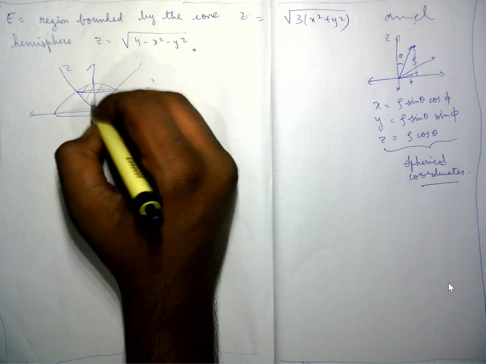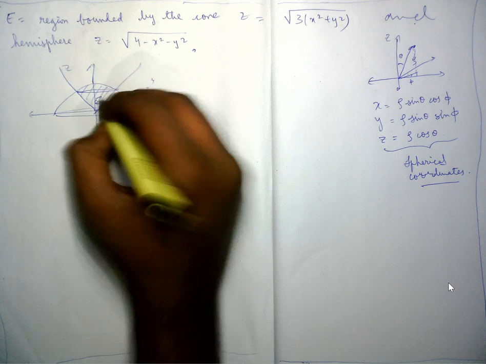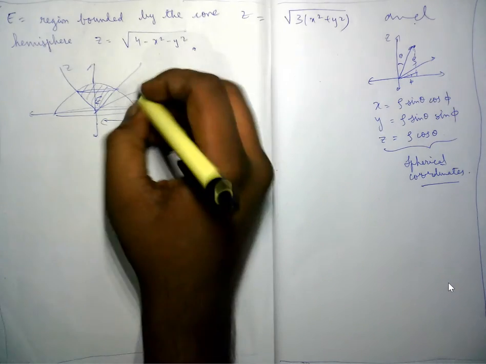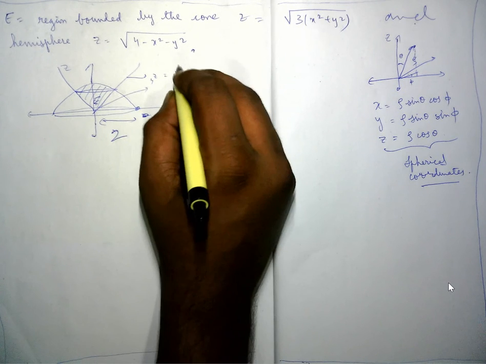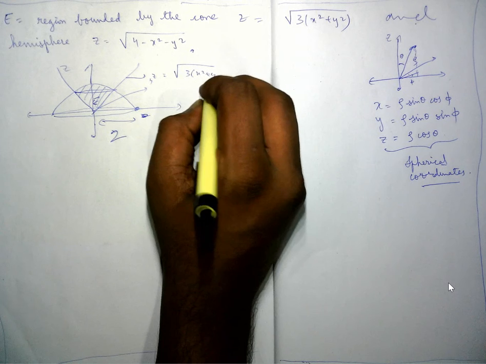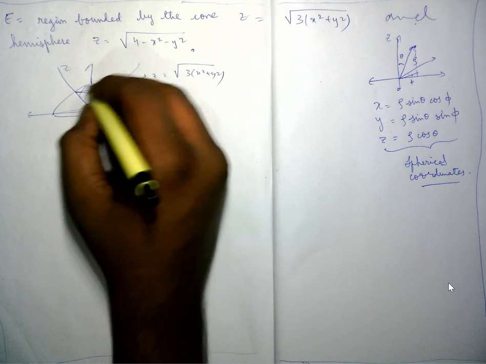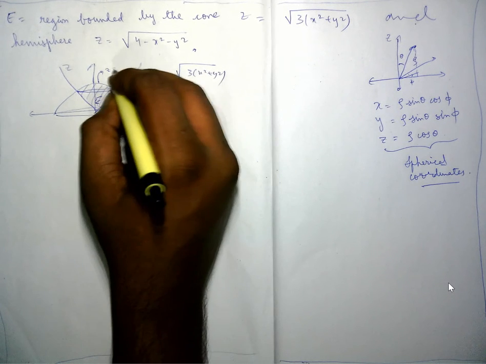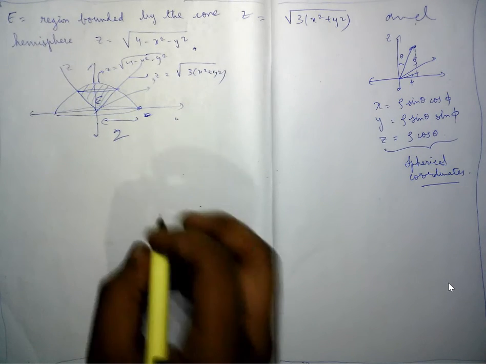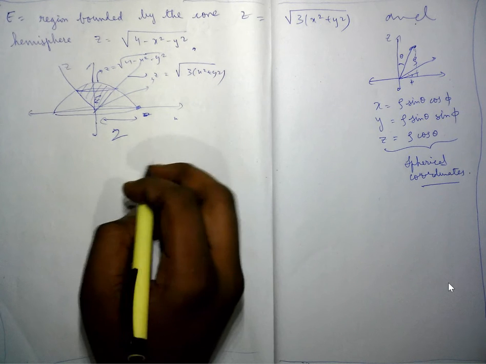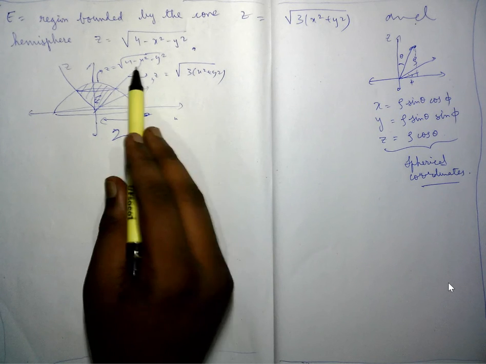So the region that we are referring to is this. This is z equal to root 3 times the square root of x square plus y square, and this is our hemisphere, root 4 minus x square minus y square.